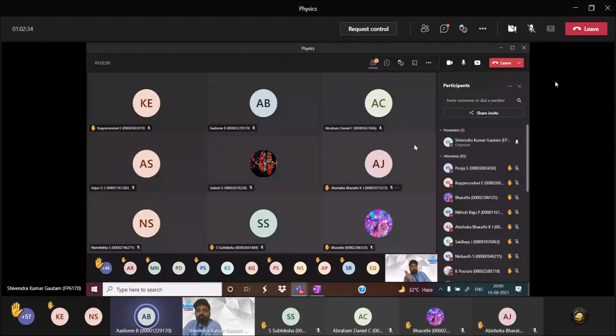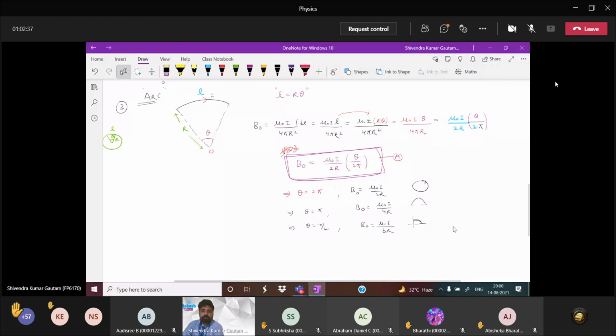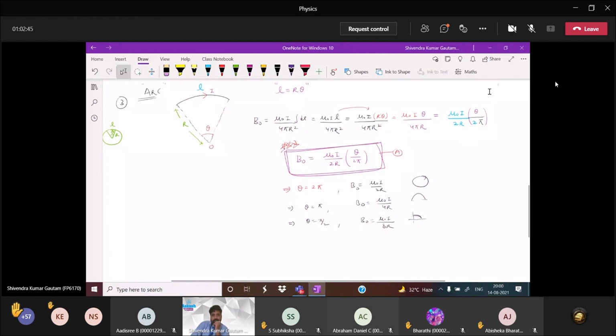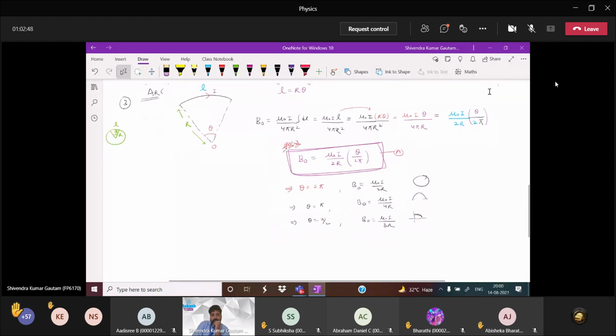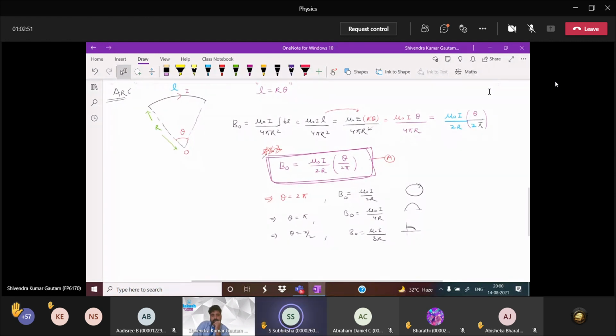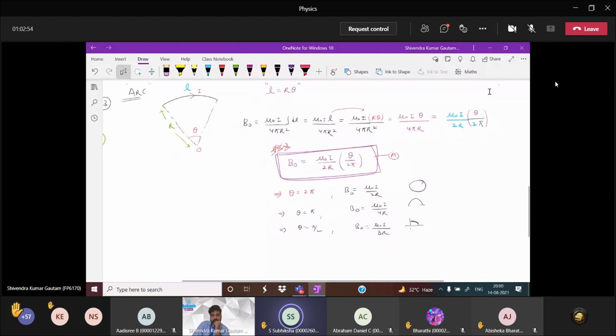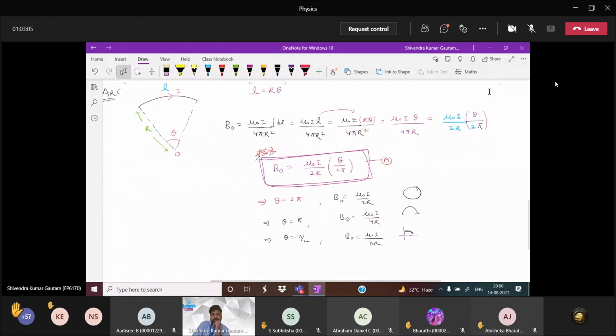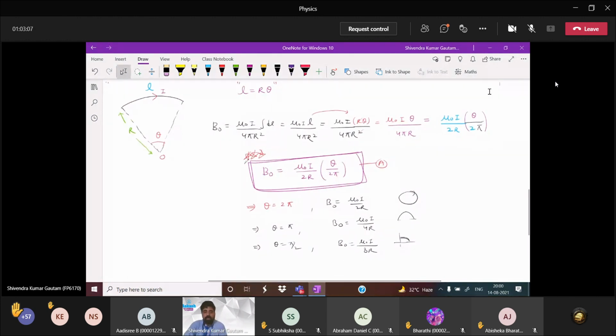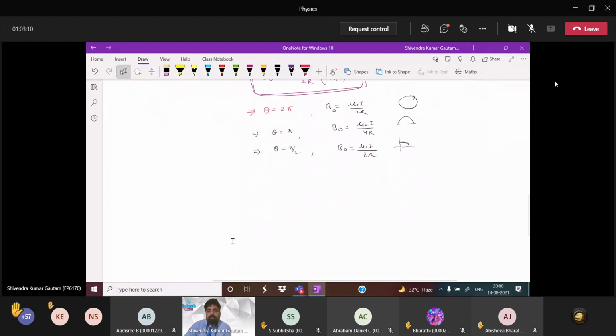Only the length here is substituted with r theta, and this is the original proof that you have written at the start. Now we will discuss questions based on this if you have understood.